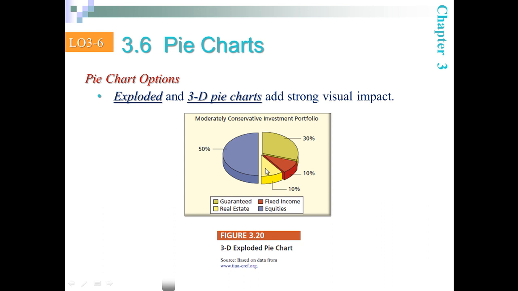This is only supposed to be 10%. This is 10%, but this looks more prominent than this. But they both look bigger than 10%. And part of that is due to the fact that you've got this leading edge here. So 3D pie charts are garbage in my opinion. I would never use one.